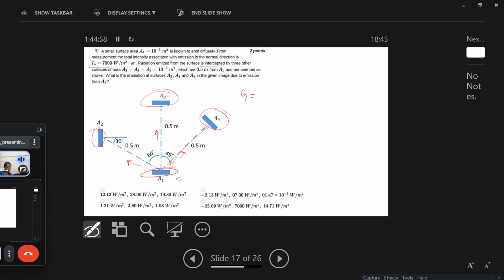G is equal to In cos theta 1 cos theta 2 A1 divided by R square.